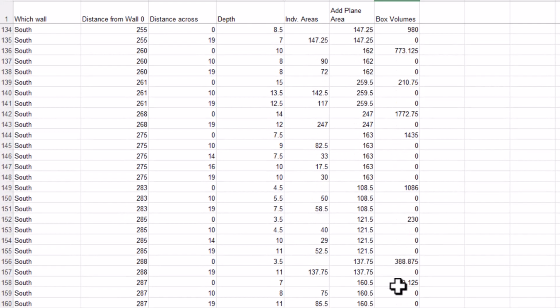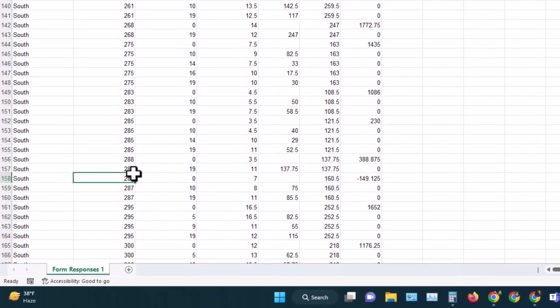But I want to see what's going on here. What's going on here is I go from 283 to 285, 288, and then 287. I'm going to guess that this is supposed to be 289. It's not going to make a lot of difference in the grand scheme, but I do want my calculations to be more likely to be correct.